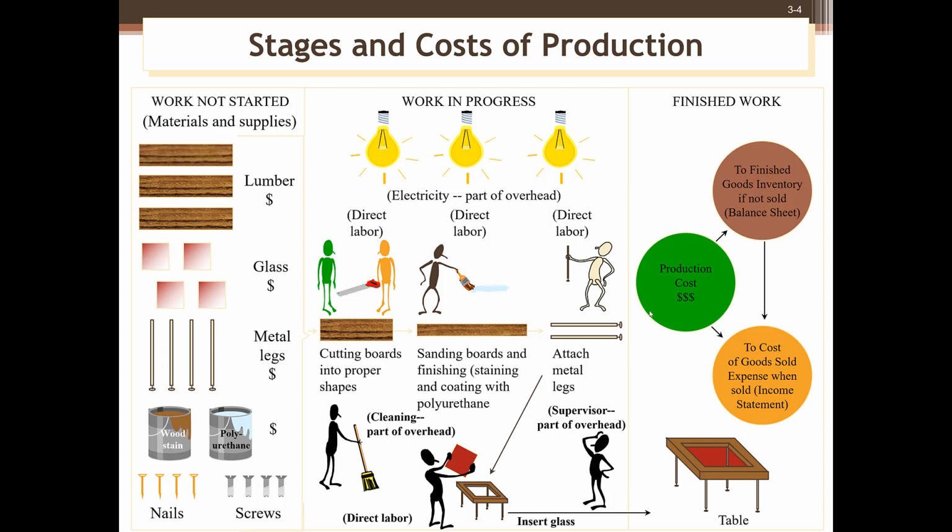When products are completed or finished, product costs will be recognized under finished goods inventory account, which is reported on the balance sheet. After goods are sold, the cost of finished goods will be transferred to cost of goods sold, which is expense, and reported on the income statement. We will take a look at the whole process in detail.